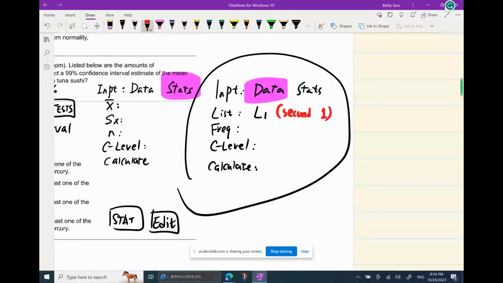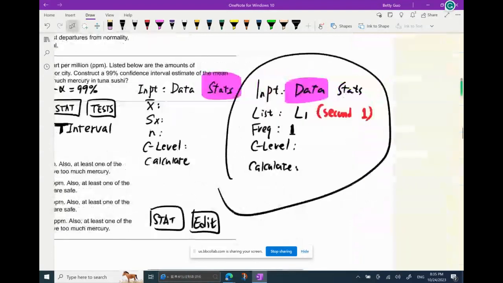If I leave it empty, my calculator doesn't let me proceed, so I just leave the number 1 there. And then go down. Confidence level 0.99. And then go down, calculate.